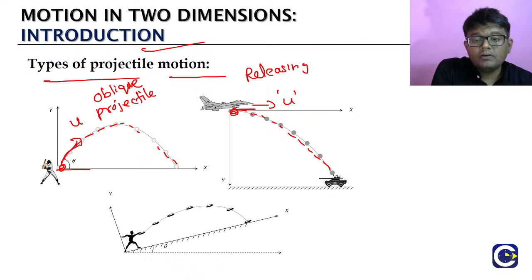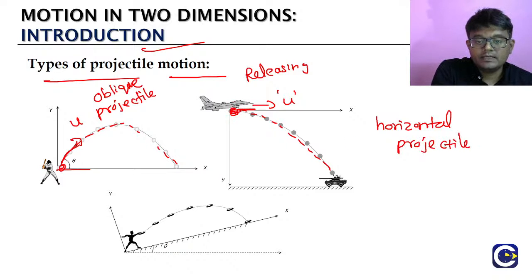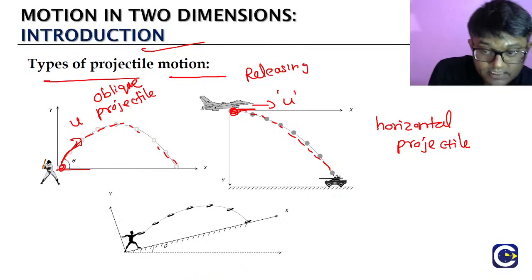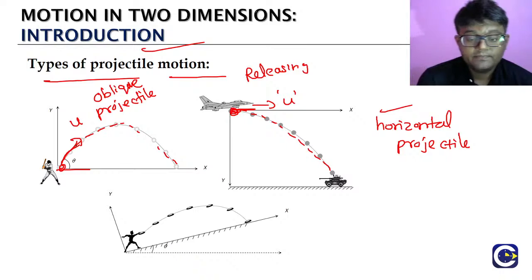But the bomb will also move downwards because of gravity. So as a result, it will have a path like this. We will discuss about it. But this projectile is what we call a horizontal projectile. You know why? Because the initial velocity of the projectile, that bomb or whatever you release from the aeroplane, is horizontal. That is why it is called a horizontal projectile.